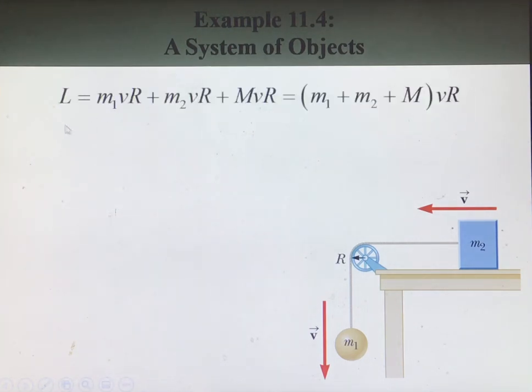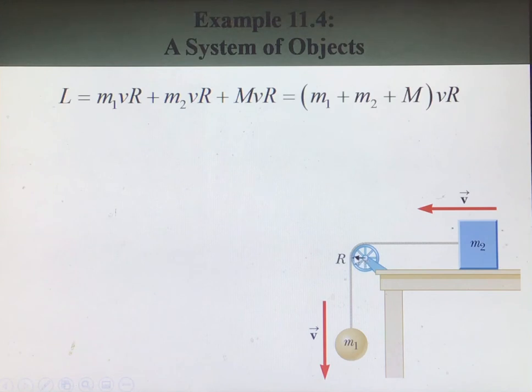So I can calculate my total L vector. I have M1 here, and M1 has a momentum pointing down. The momentum is just M1 times V. Then if you calculate the cross product, my velocity vector is at 90 degrees with respect to my displacement vector. If this is my center here, my displacement is measured from this center.